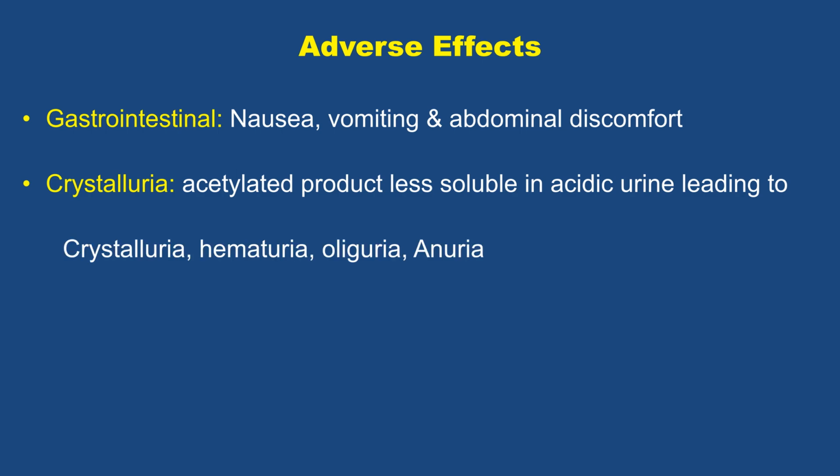Because of the deposition of the crystals in the kidney, it may result in hematuria, oliguria, and anuria. This crystalluria can be prevented by making the urine alkaline, which increases the solubility, and by increasing the fluid intake.